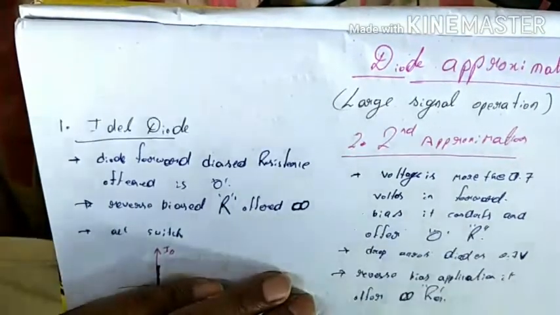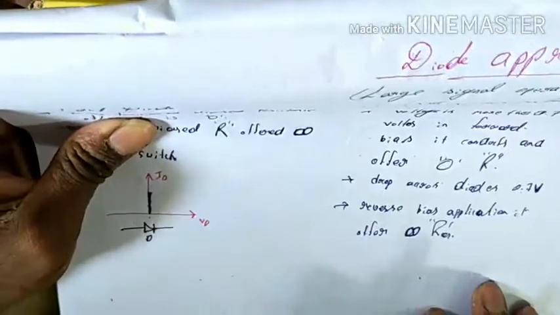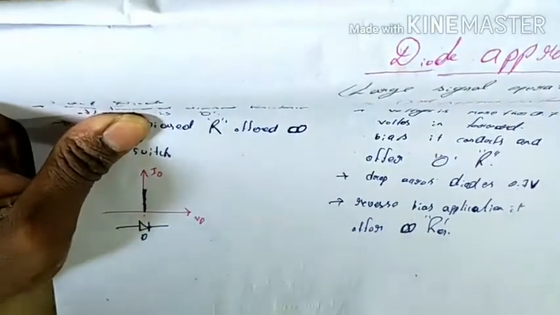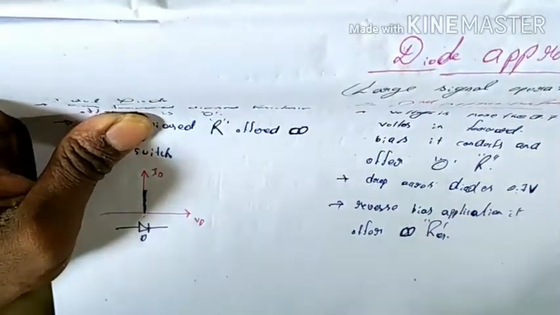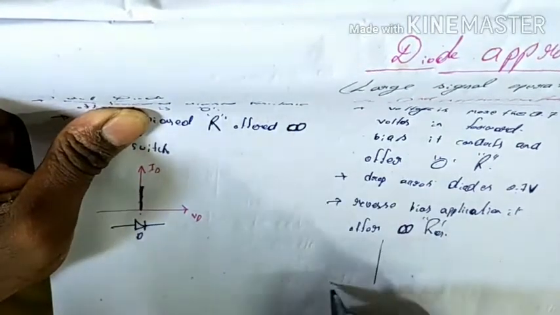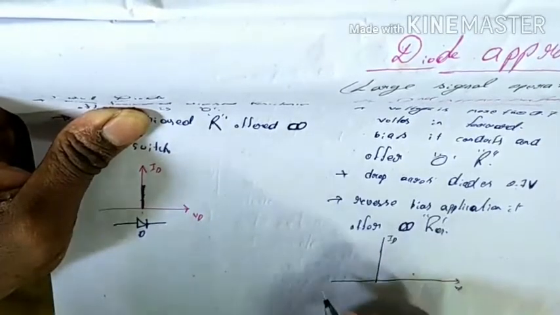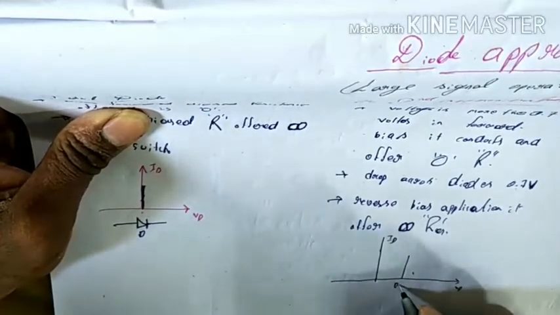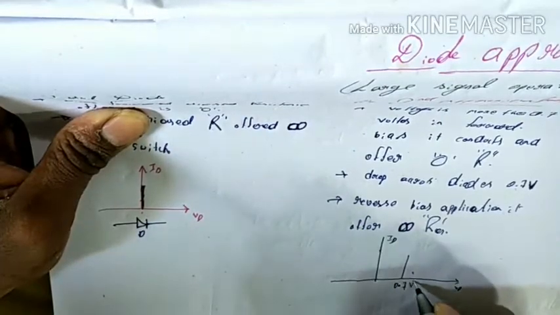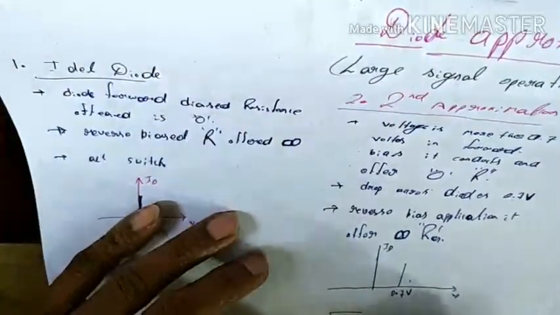So what are the characteristics and equivalent circuit of the second approximation? See, this is the circuit and this one is the characteristics. This is VD, this is ID, and here 0.7 volts.